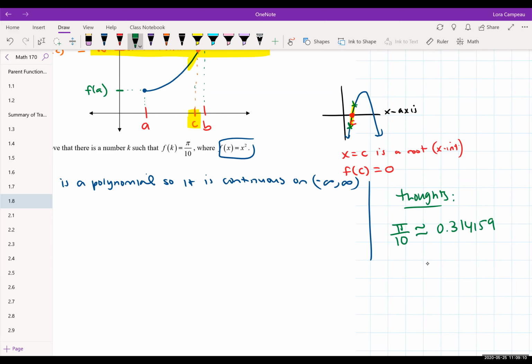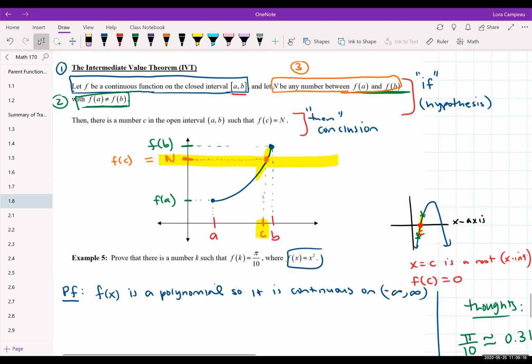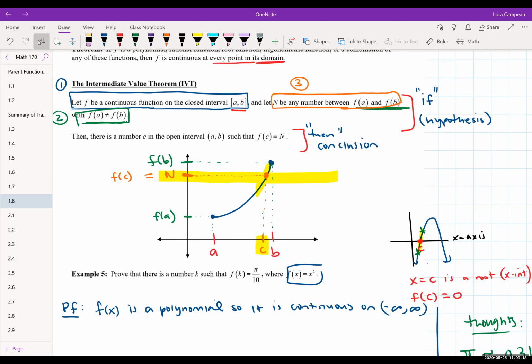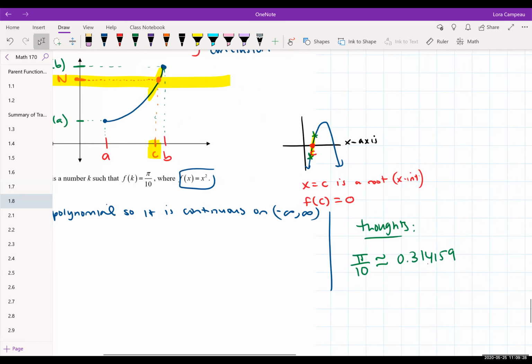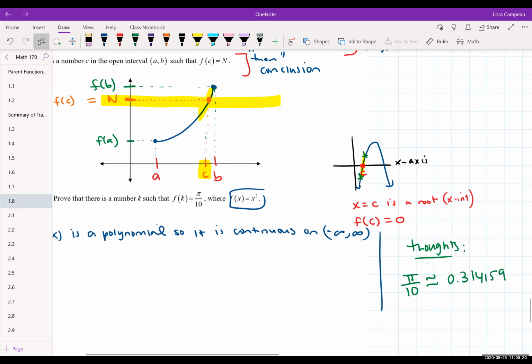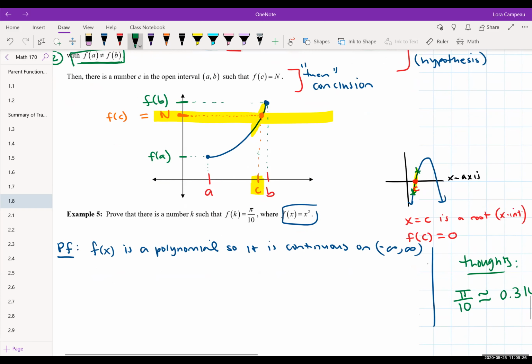So what I'd like to do is look at my theorem. I want to find two y values such that one of them is bigger than pi over 10, and one of them is smaller than pi over 10, based on my picture here. Remember, the way we're looking at it is f of c is our f of k part.